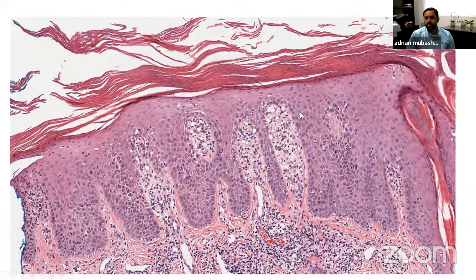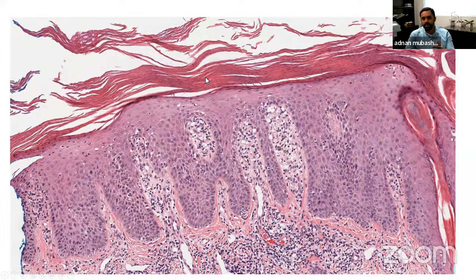And if you compare this with the normal histology that we saw at the start of the lecture, you will not be able to find a granular layer in the epidermis. When there is a fast turnaround time of the epidermal cells, that granular layer is pushed out because the cells are mitotically active and pushing upwards, and this is what the parakeratosis is.